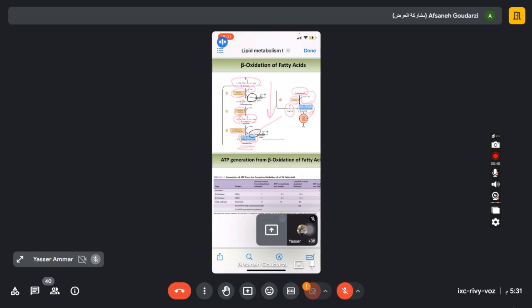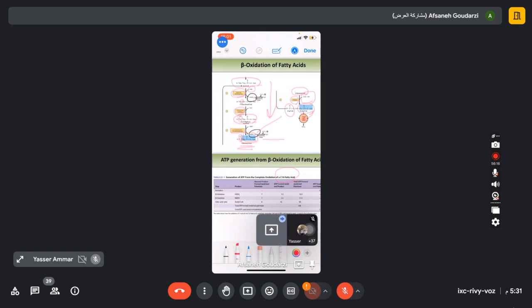Therefore, if I want to calculate the energy I get from oxidation of a C16 fatty acid, here you see that I have a 16 carbon fatty acid. Now I want to understand how many ATP I get from beta oxidation of a 16 carbon fatty acid.